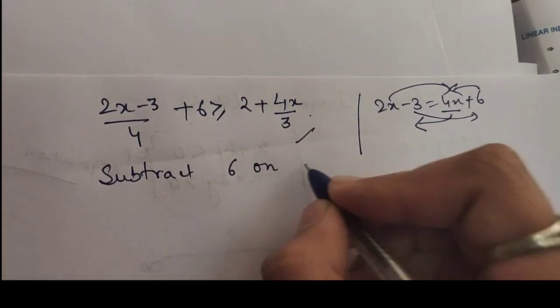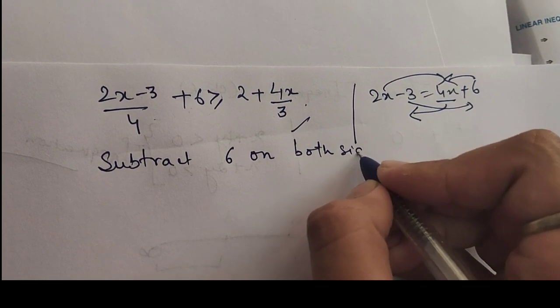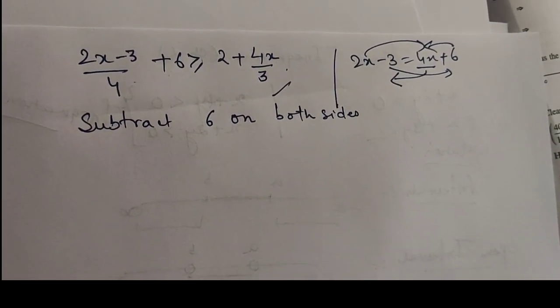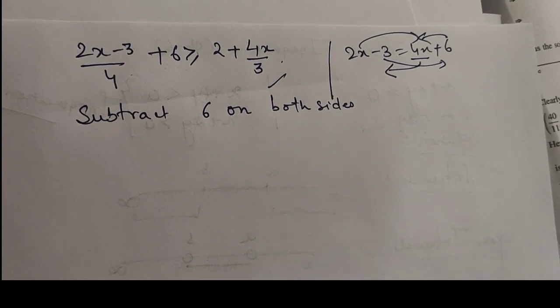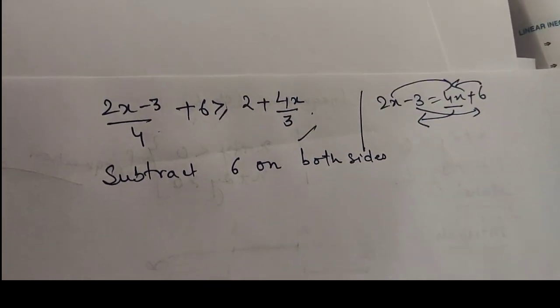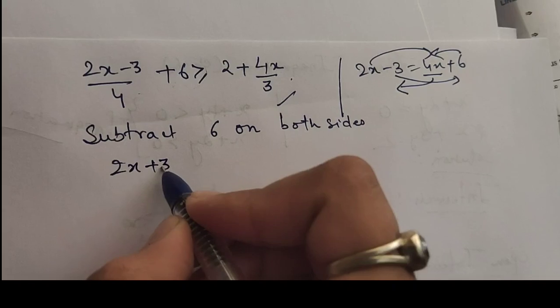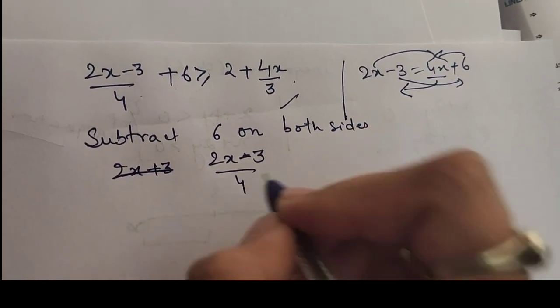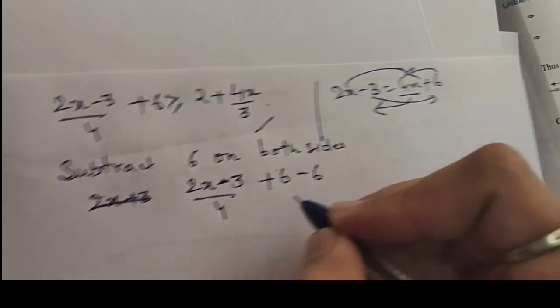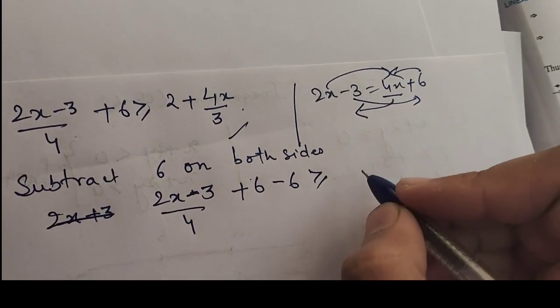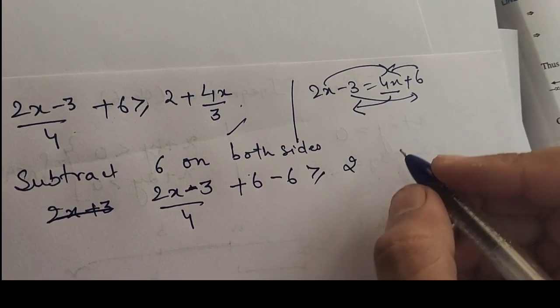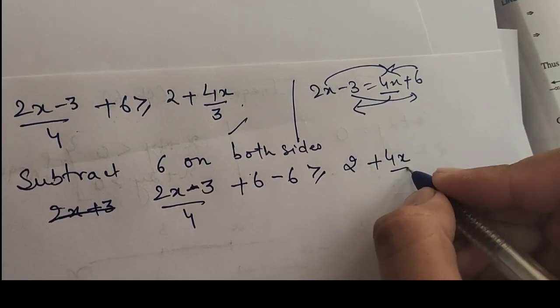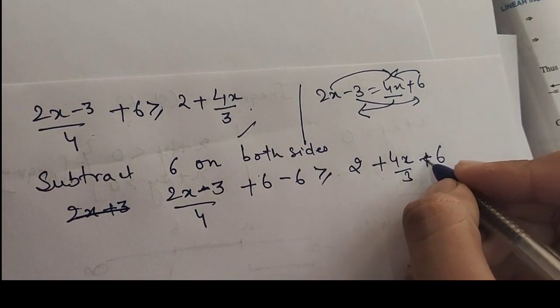Subtract 6 on both sides. But according to the rule, subtraction of the same term on both sides makes the inequality remain same. Then you have x plus 6 minus 6 greater than or equal to, inequality doesn't change here, and minus 6 here.